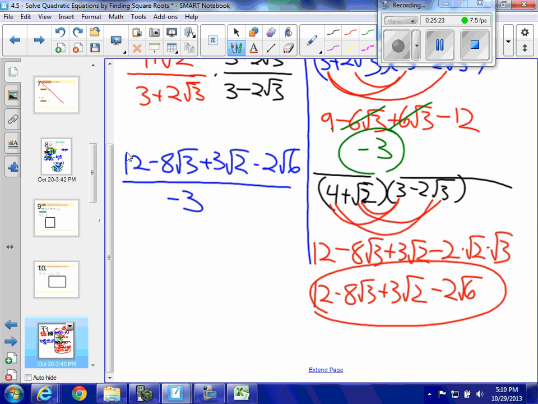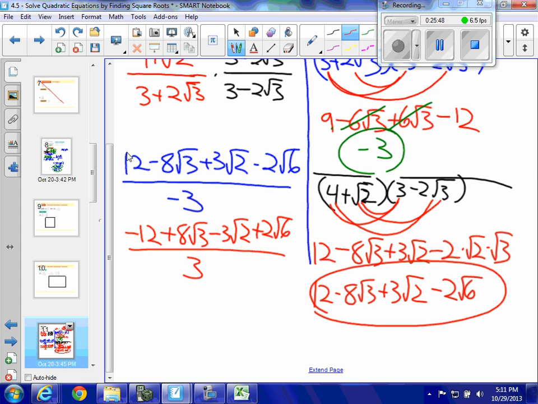Perfectly fine answer. If you want to make it a little bit neater, you might want to move your negative sign away from the denominator and up to the numerator. So then I would have negative 12 plus 8 radical 3 minus 3 radical 2 plus 2 radical 6 divided by 3.